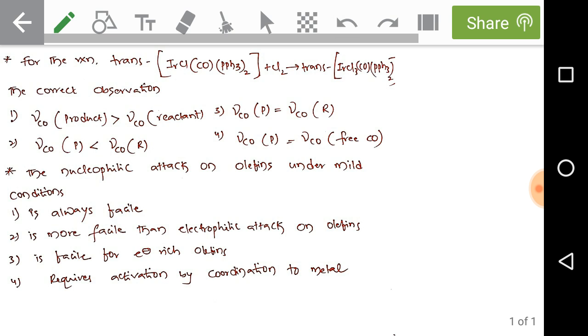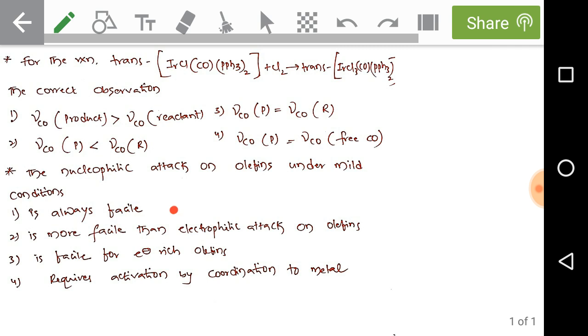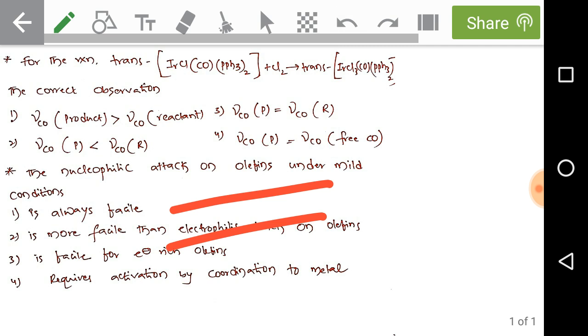Next one, the nucleophilic attack on olefins under mild conditions. So simply nucleophilic attack on olefins requires activation by coordination to metal. Why? Because in general a normal alkene acts as a nucleophile.